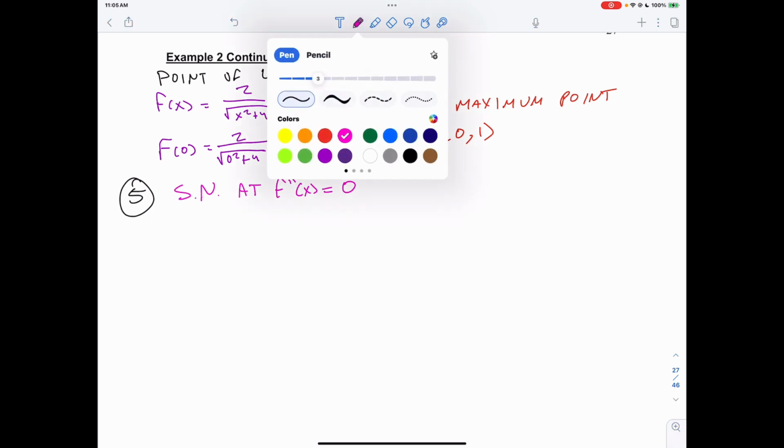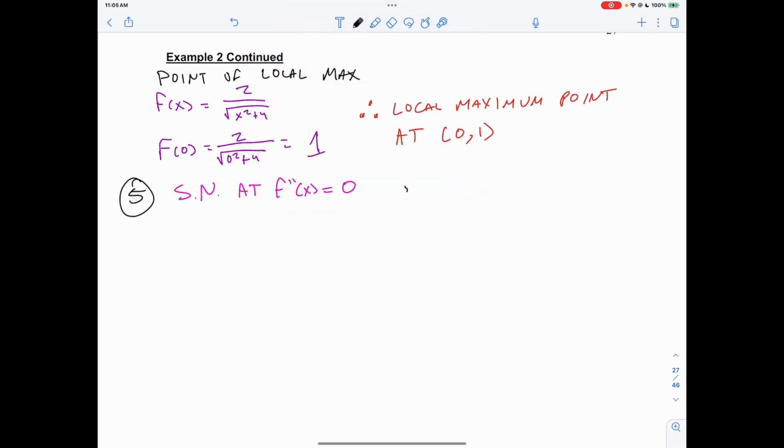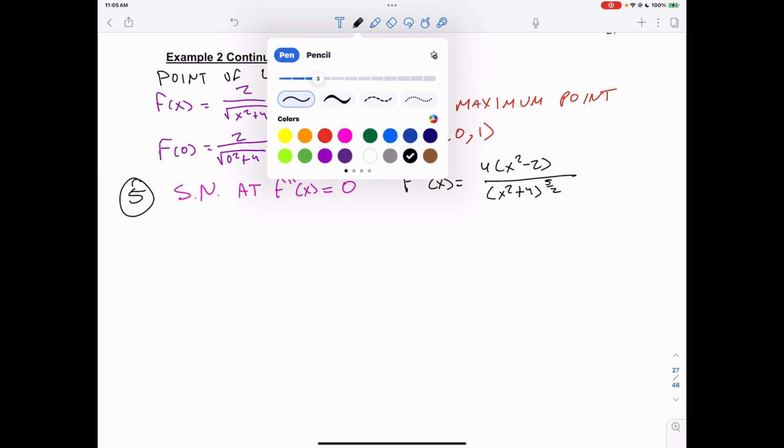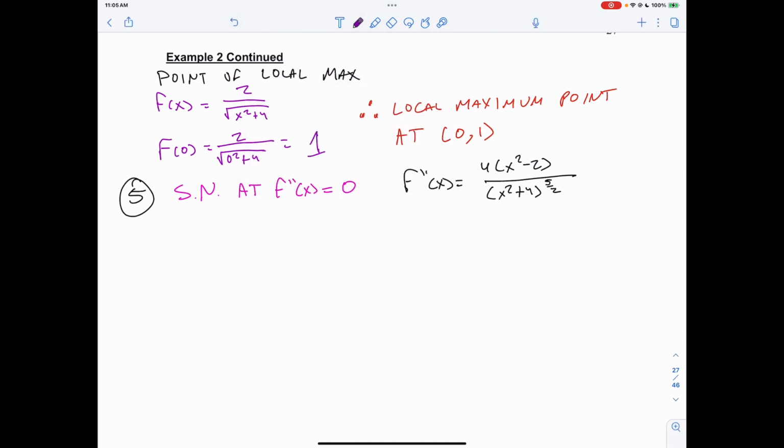Because we found that the second derivative was equal to 4x squared minus 2 all over x squared plus 4 to the power of 5 over 2, once again I'm going to solve for my numerator and my denominator.